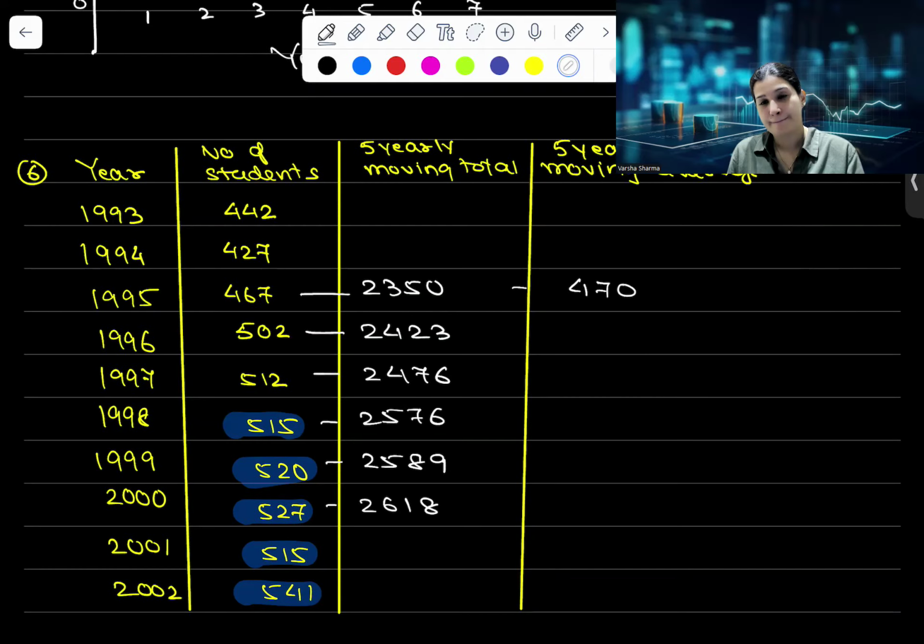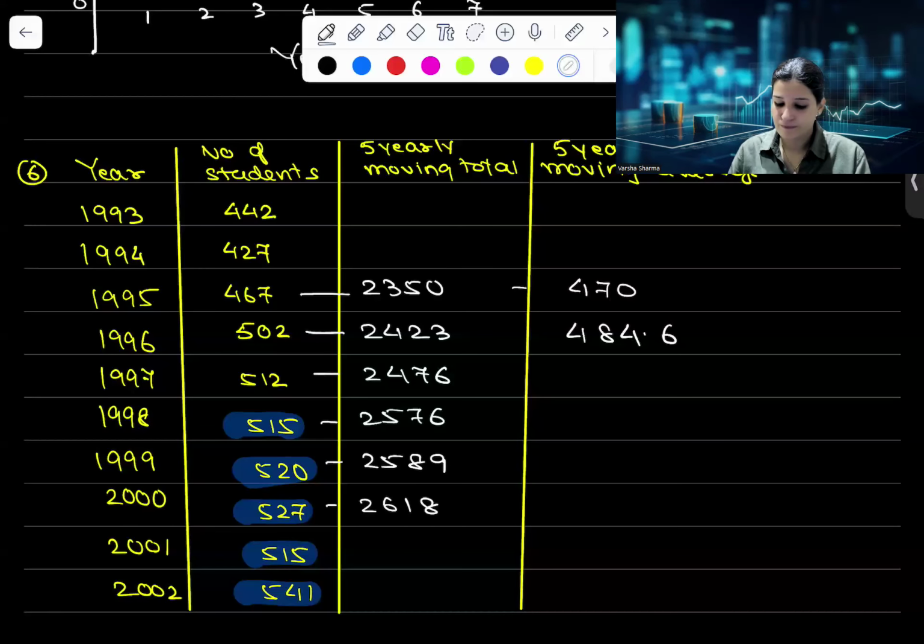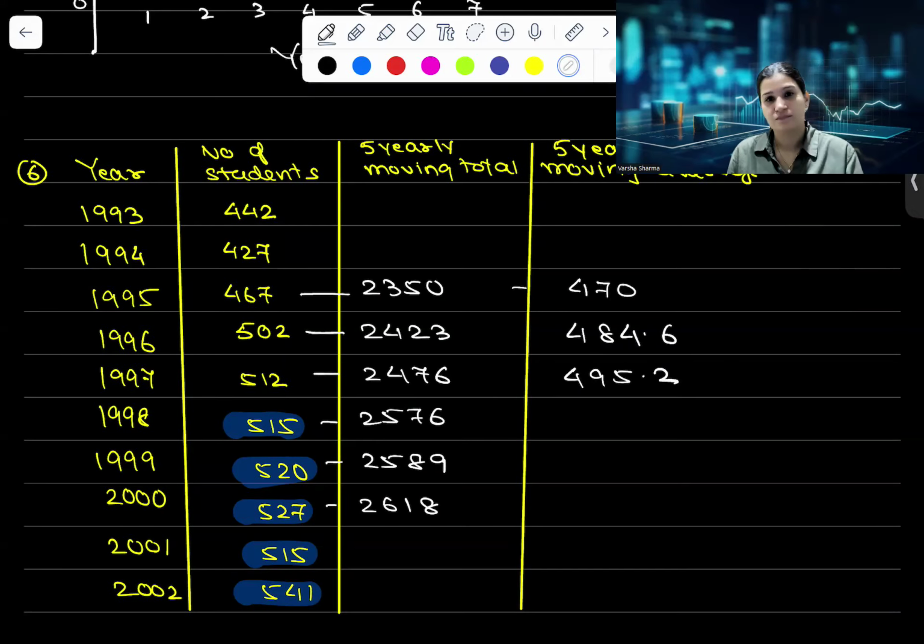Next. 484.6. 495.2. 515.2. 517.8. Last. 523.6. Very good.